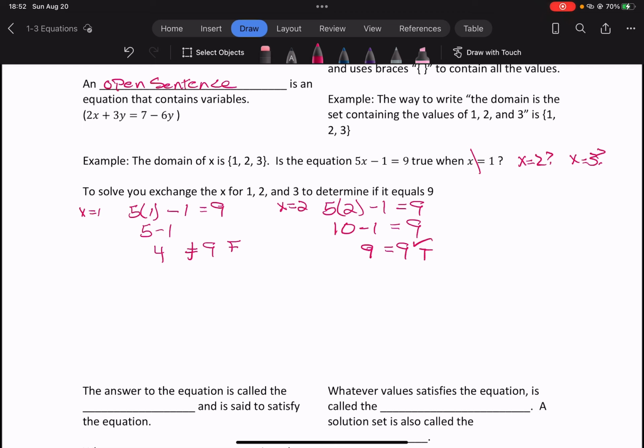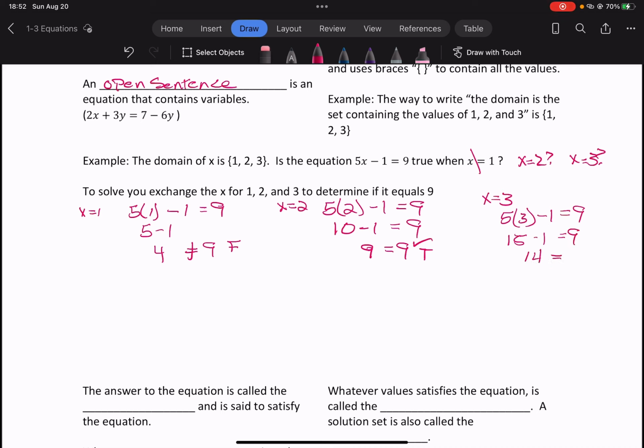And we can look at x equals 3 as well. We might have more than one answer. Sometimes that happens. We can have more than one input value that works, so I always check. I'll do 5 times 3 minus 1. Does that equal 9? Well, 5 times 3 is 15, minus 1. Does that equal 9?